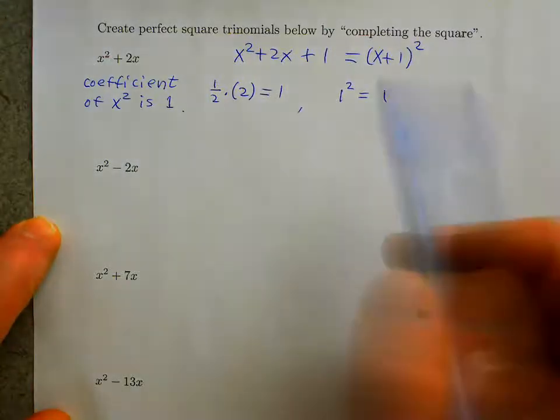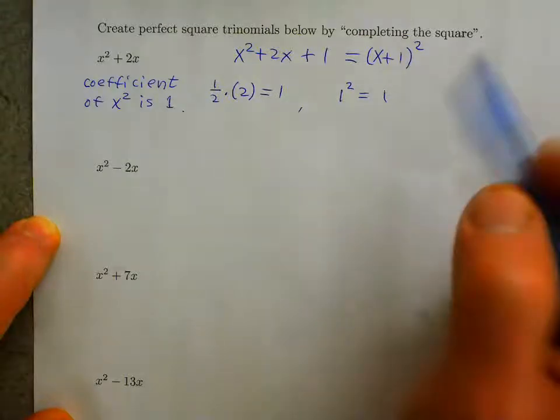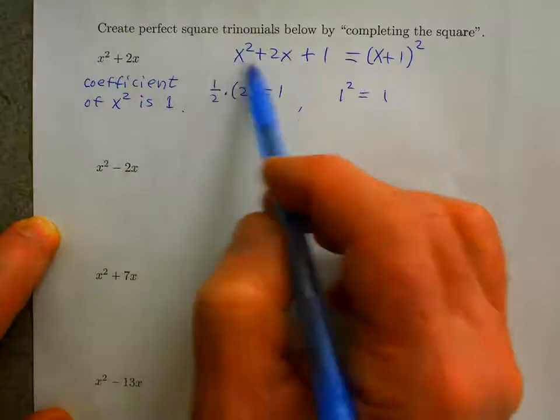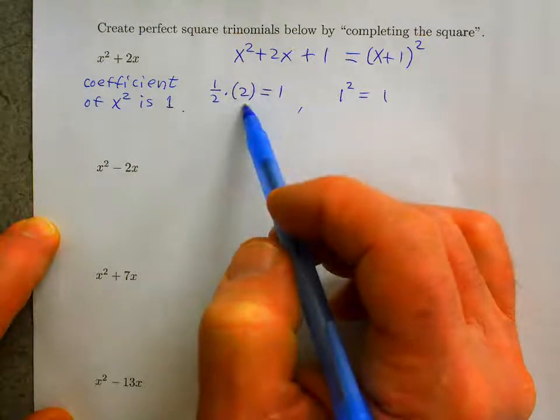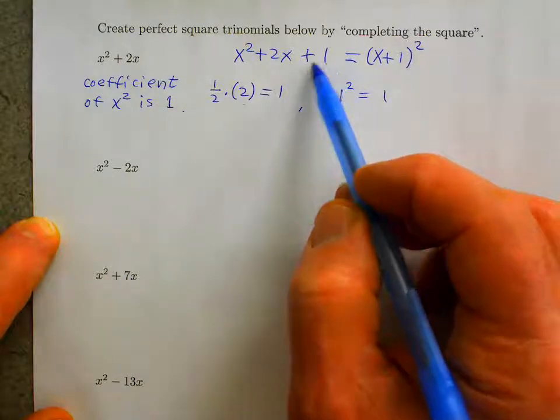This is a really simple example, but I'll show you what works in general. Once the coefficient of x squared is 1, you take half of the coefficient of x. 1/2 of 2 is 1. Then you square that number. 1 squared is 1, and then add it to x squared plus 2x.